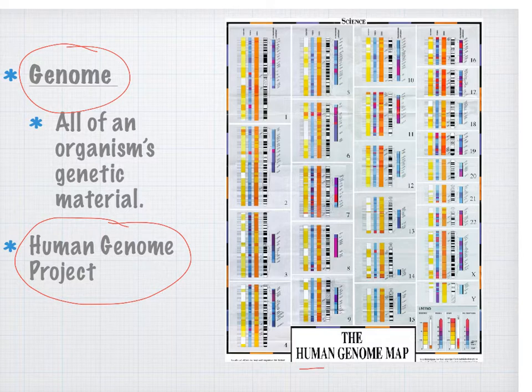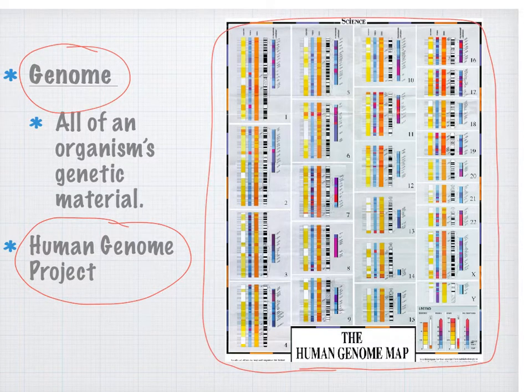And this would be a map of the Human Genome Project. No, you don't have to memorize this. That would be a lot of information, but just recognize that scientists have been able to sequence the DNA on each chromosome and figure out where the locations of different alleles are for the entire human genome.